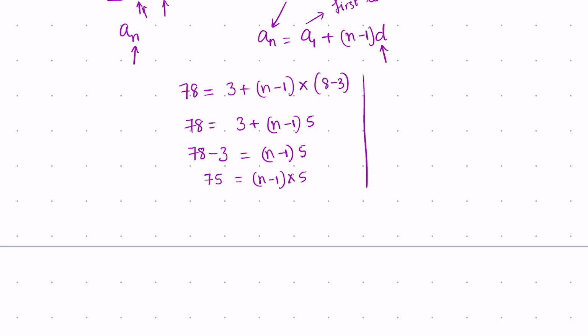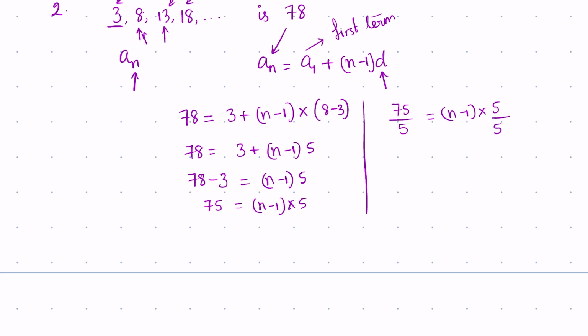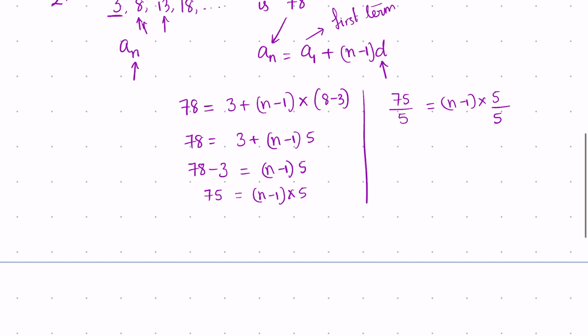Now we divide both sides of this equation by 5. So we get 75 divided by 5 is equal to n minus 1 times 5, this thing divided by 5, right? So if we simplify this, we get 75 divided by 5 is 15 is equal to n minus 1, or n minus 1 is equal to 15.